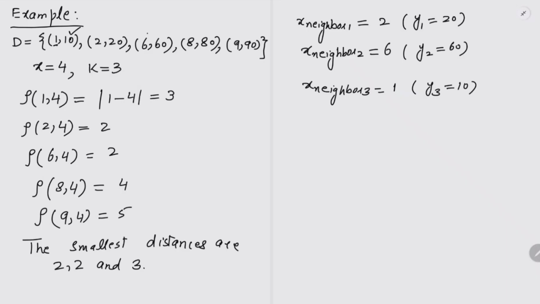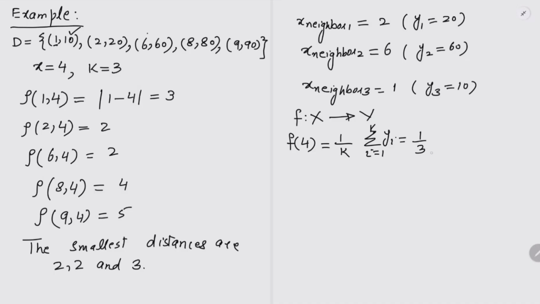Now the first thing is we need to find the value at x equal to 4. That is our question. The first method is KNN with arithmetic mean. We need to find some function that takes a value of x and predicts some value, for example f of 4, which is 1 over k, sum of i from 1 to k of yi.